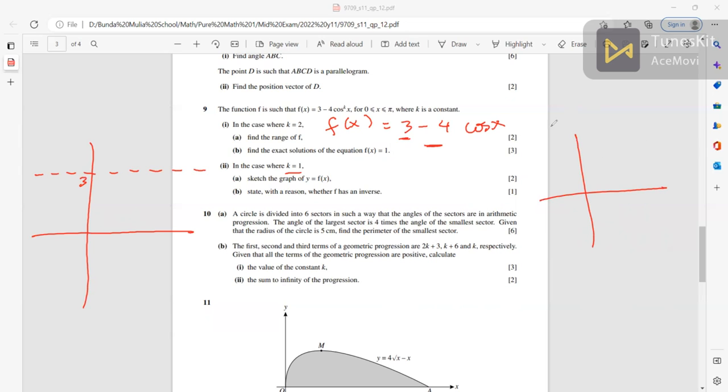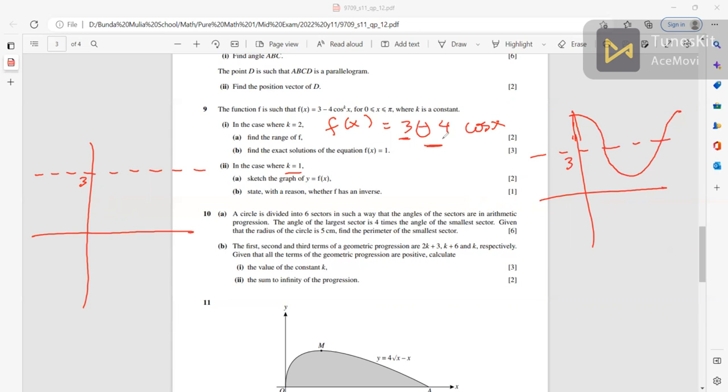Normally, for the cos graph, let us say this is 3, and then this is the amplitude. But because it is minus, we have to start from the bottom.